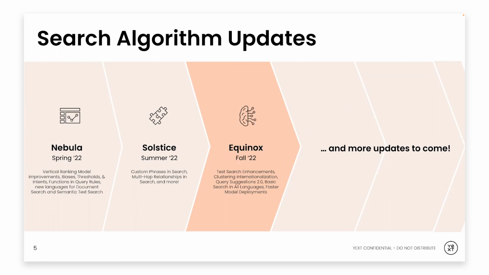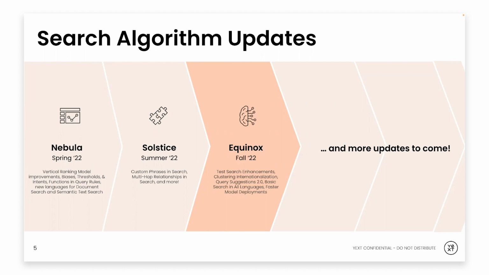As a reminder, we try to do at least 3 algorithm updates every year. This year, we've already done the Nebula and Solstice algorithm updates, which involved some really exciting new features. In the Nebula algorithm update, we completely changed the way that we do vertical ranking to be much smarter and based on AI.